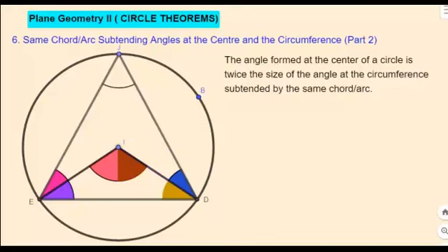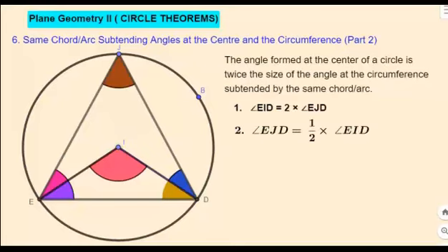And from this, two equations evolved. That angle EID is equal to 2 times angle EJD.